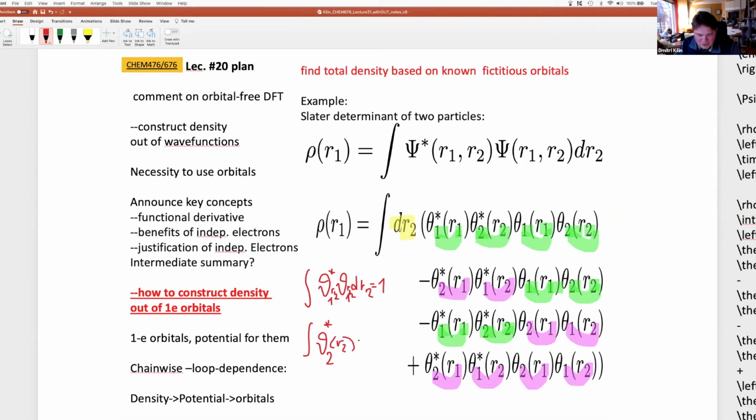Thank you to those who answered in the chat. Theta 1 R2 d R2. So this one will be 0, right? If the indices of the orbitals do not coincide, it is 0. If they do coincide, it is 1.